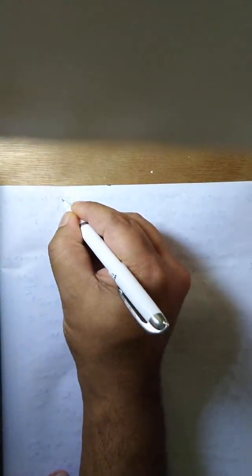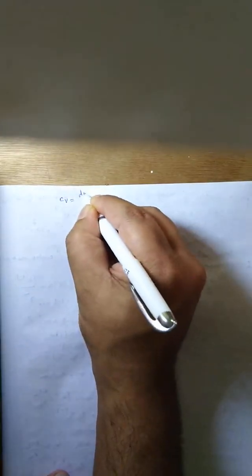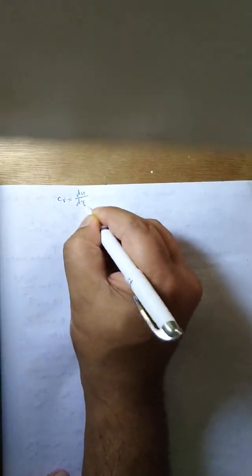We know that Cv is equal to du by dT at constant volume. Then we can write that du is equal to Cv dT. This is another relationship.